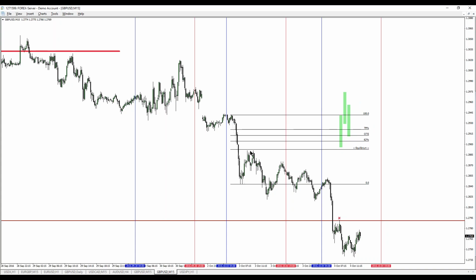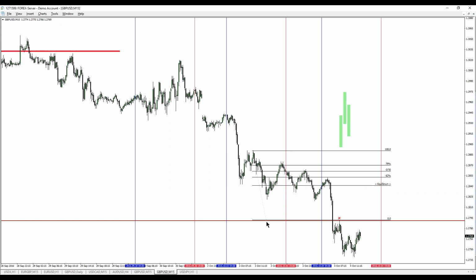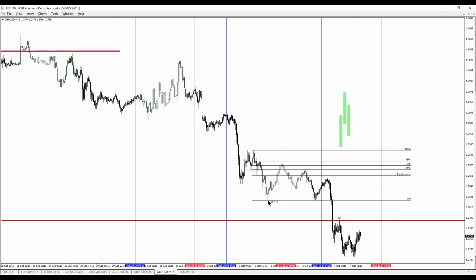Does price get above equilibrium in that price leg? No. In this impulse price swing, does the price get above equilibrium here? Yes. And it does it towards the end of the day.